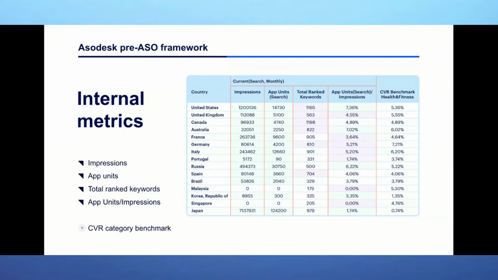However, total ranked keywords data might be calculated by an ASO manager, or it can be extracted from an ASO tool. So we've done this with the ASO desk platform. The basic idea of this part of the framework is to assemble all the internal metrics for the needed application and compare them with the competitors later on.